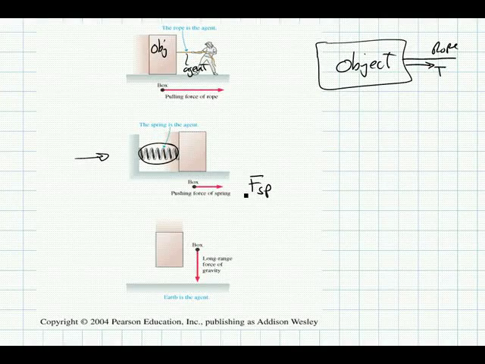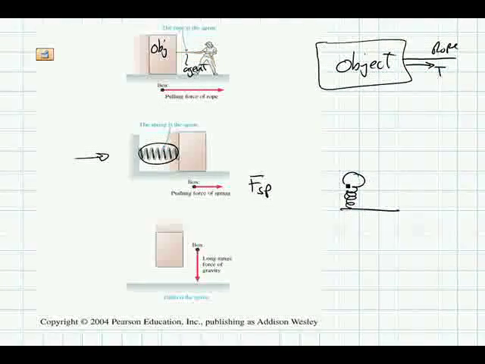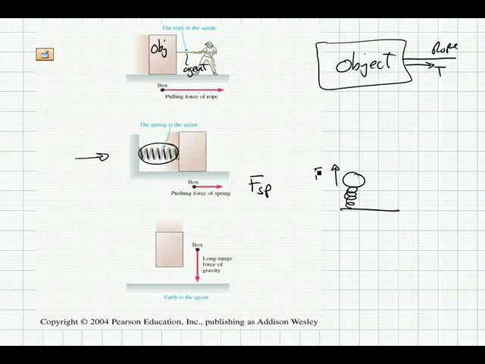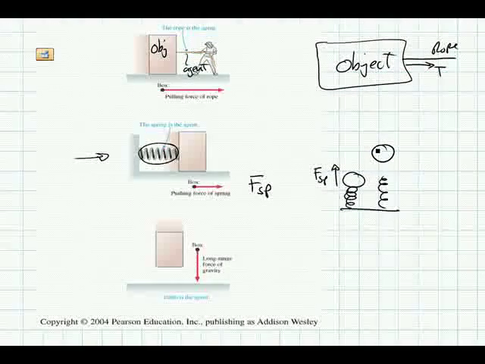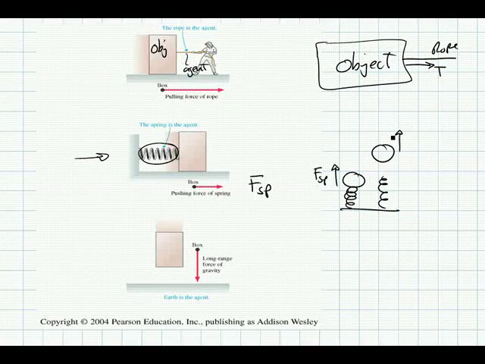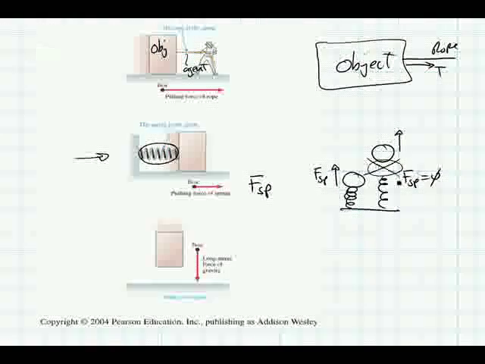But as soon as the ball is launched, there's no more contact between the plunger and the ball, so the spring force no longer acts on the ball. So here's the object. There is a spring force, F spring, acting on the ball, but as soon as the ball leaves the plunger and starts moving up, then F spring is 0 because there is no contact between the ball and the spring.